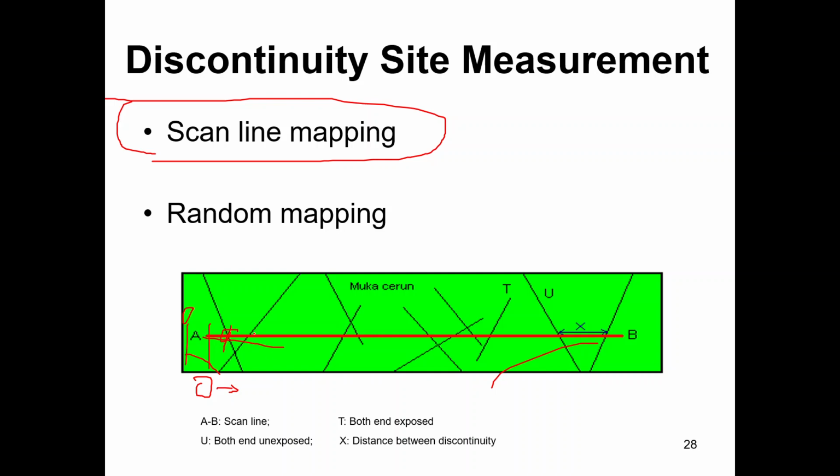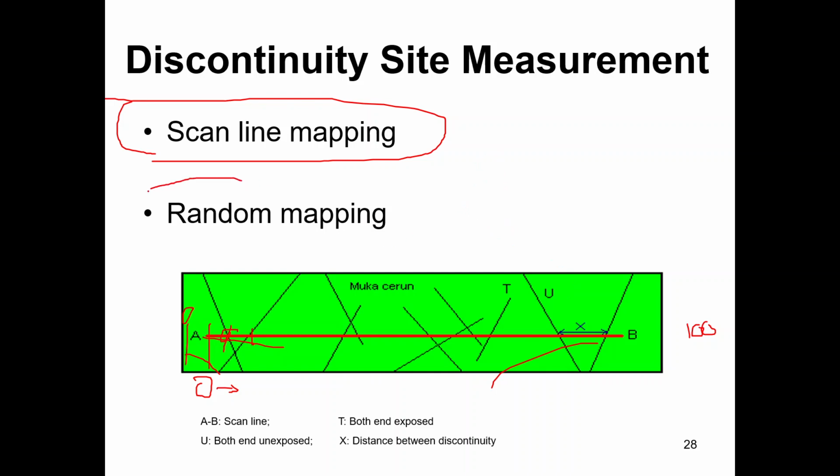Then you move to another discontinuity, and so on, up to at least 100 data of discontinuity to do this processing, the road slope assessment. Okay, this is the systematic way to measure the dip direction and angle of discontinuities of a slope.